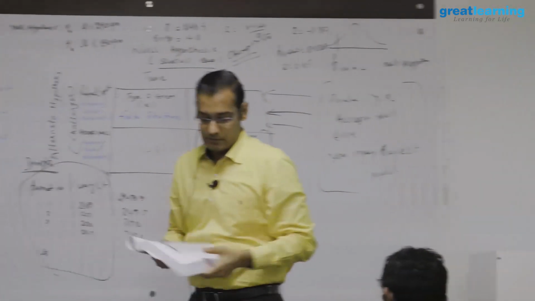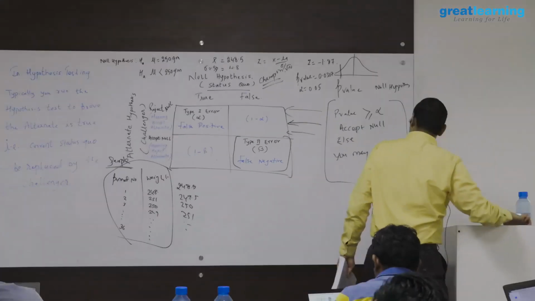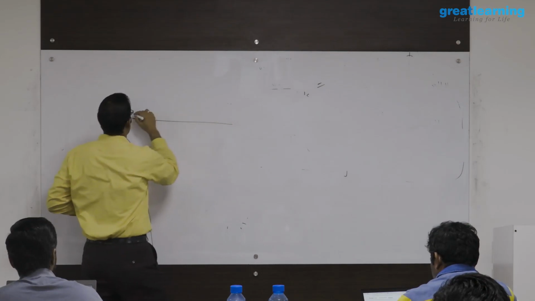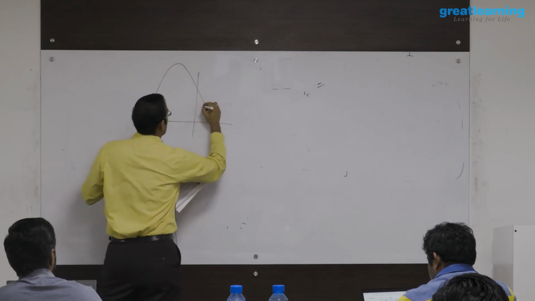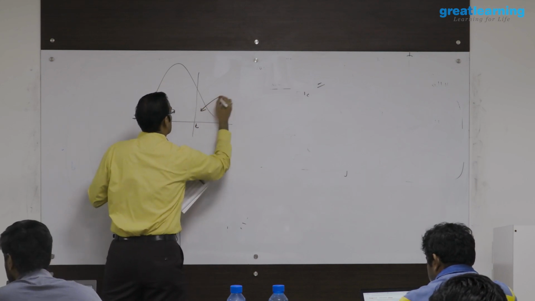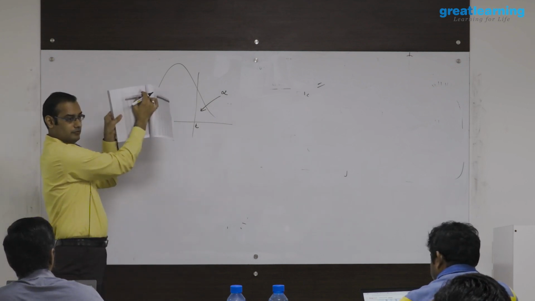Are you getting it? Let's understand this. I'll rub this. Is it okay? So they have made this kind of a diagram, and somewhere here they have put a word t, and somewhere they have put an arrow mark and said this is alpha. This is the diagram which I have made.